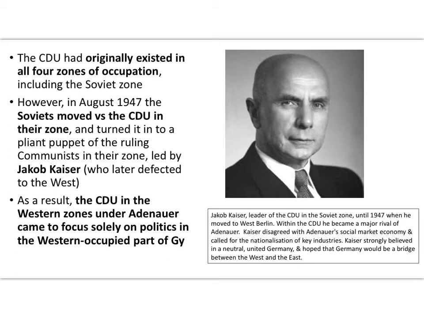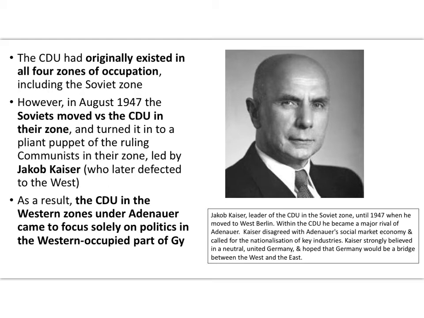Originally, the CDU was a party across the whole of Germany, but of course in August 1947 the Soviets pretty much incorporated the CDU, made it compliant as part of their move to make sure the SED became the dominant party in the eastern zones.